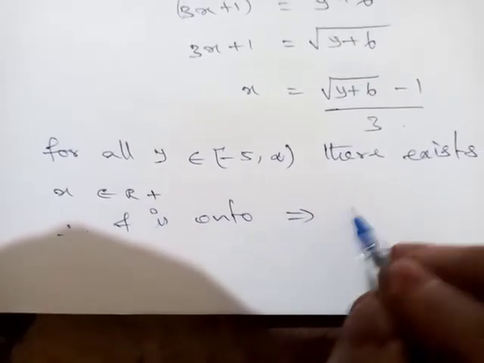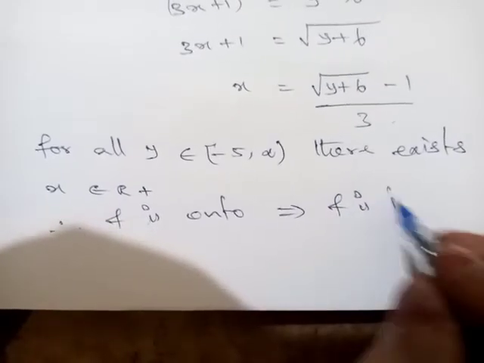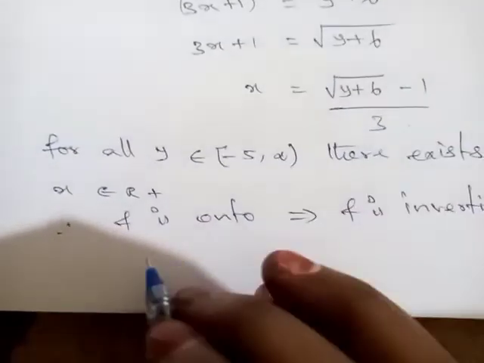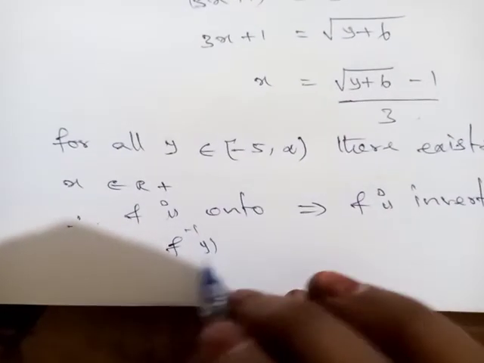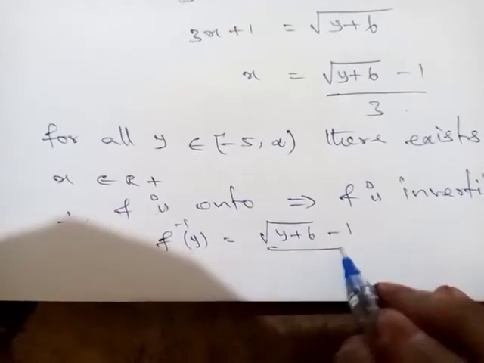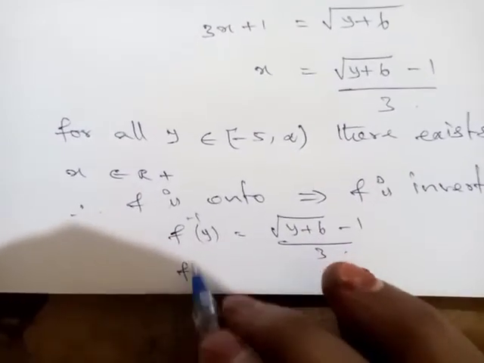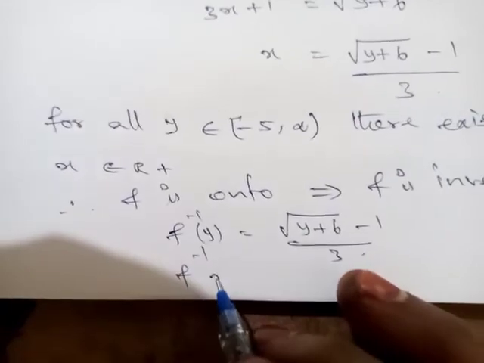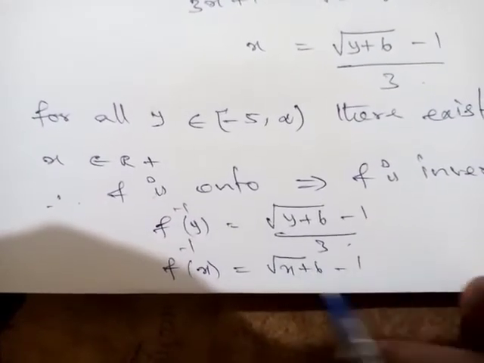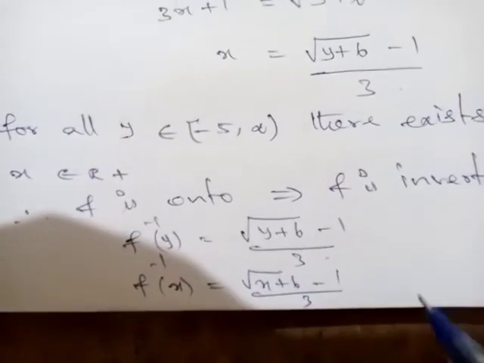So this implies f is invertible, and this is nothing but f inverse of y, that is equal to square root of y plus 6 minus 1 whole divided by 3. This we can change as f inverse of x is equal to square root of x plus 6 minus 1 whole divided by 3.